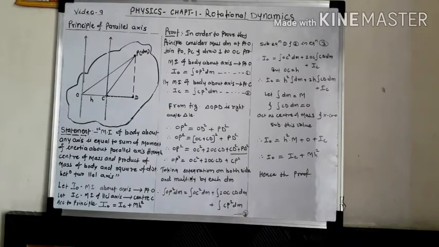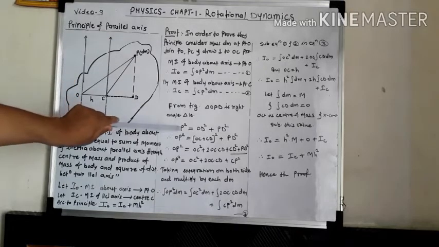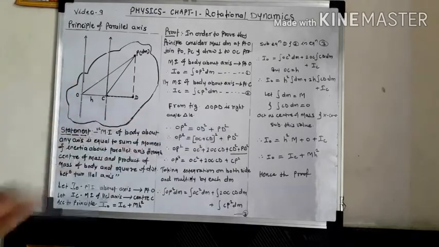Then from the figure we see that this triangle OPD is a right angle triangle, because we drew the perpendicular PD to OC produced. According to the Pythagoras theorem, you know this well, OP square is equal to OD square plus PD square.